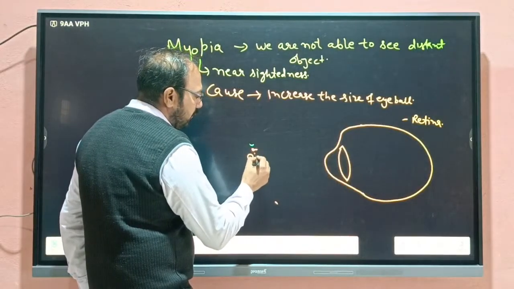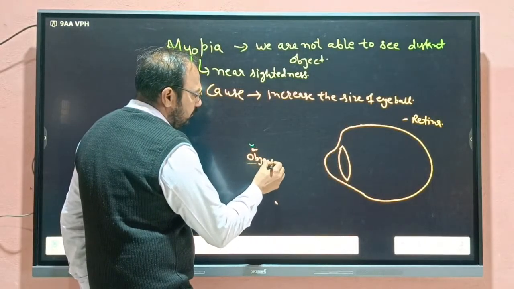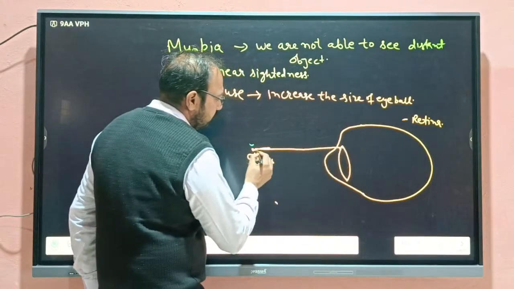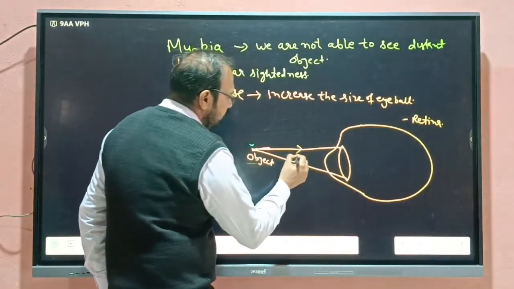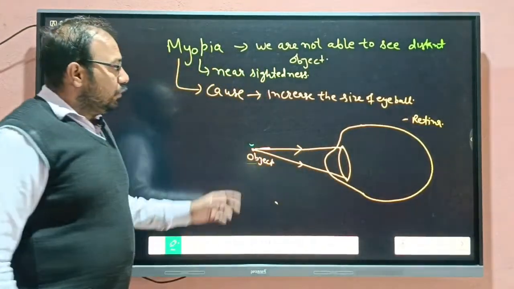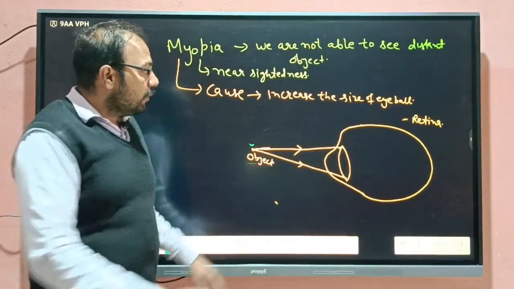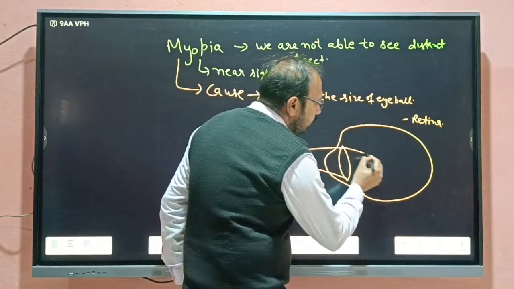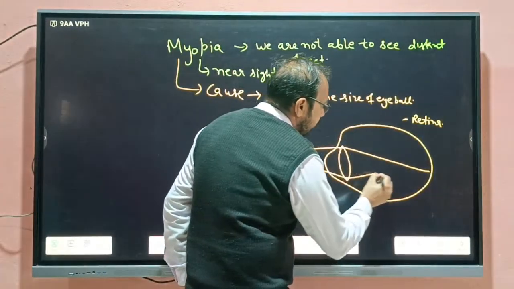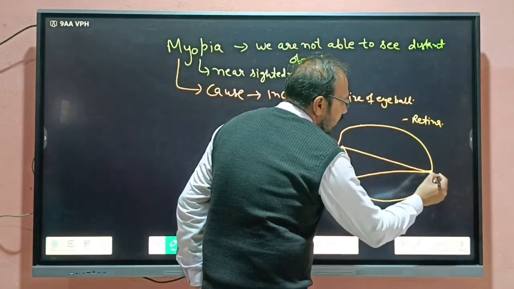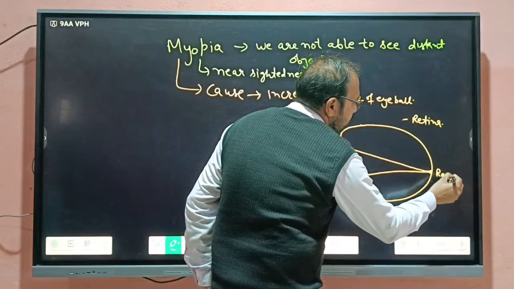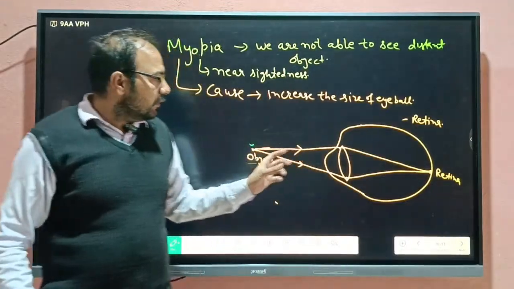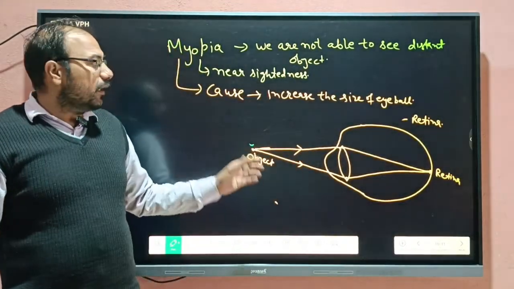So for a normal eye, this object is formed on the retina like this. So this is the retina, and this is the correct image, or a correct eye.